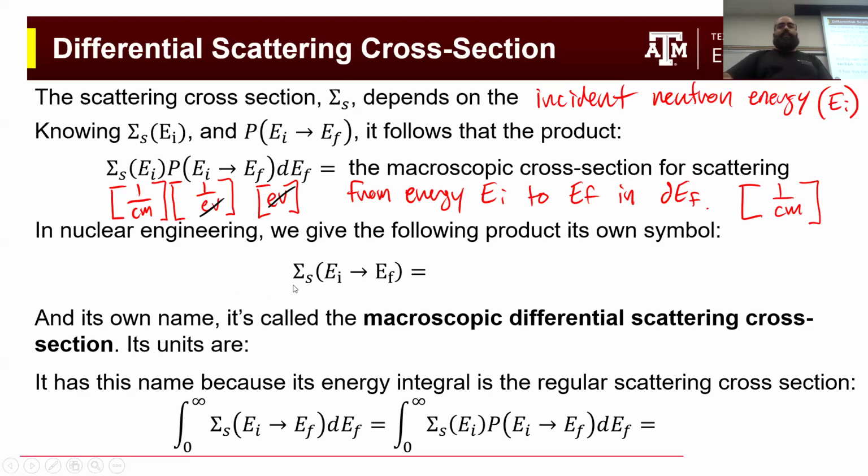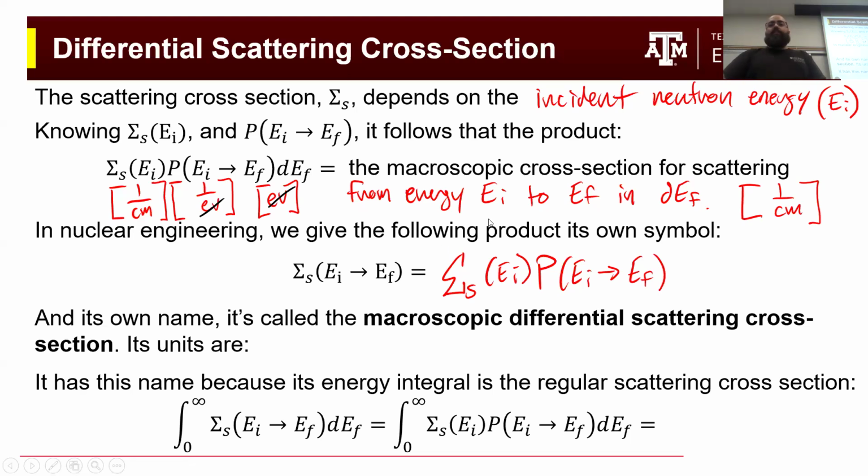Instead of a cross section with just one energy argument, it's sigma S from energy EI to energy EF, and it represents the product of my scattering cross section times that probability density function.